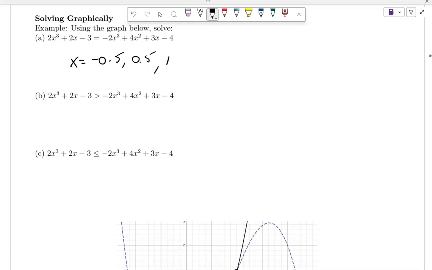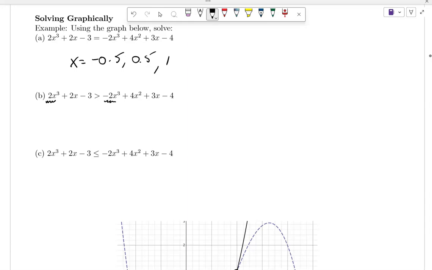We're going to do this more in depth later in a different section, but we should be able to pick this out by looking at the highest power x term that I see here. Here we've got a 2x cubed. Here we've got a negative 2x cubed, right? This should help us figure out which one's which.